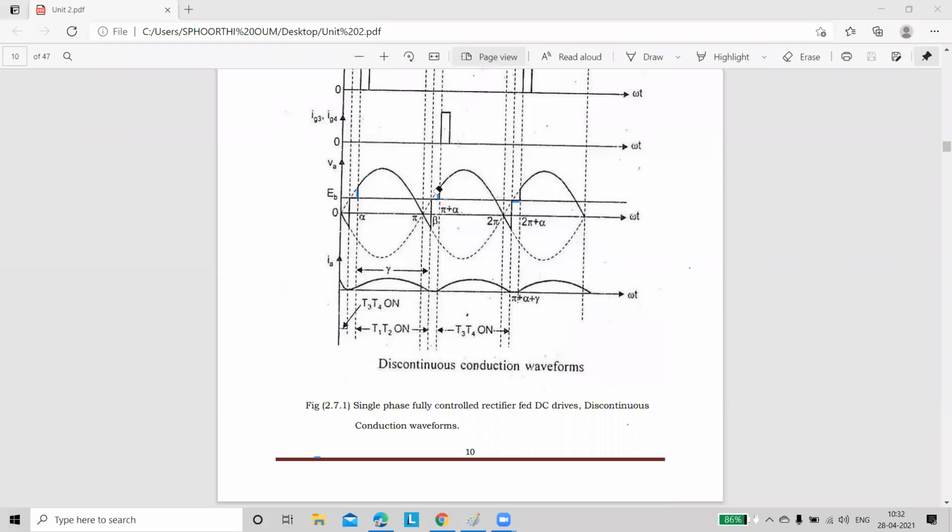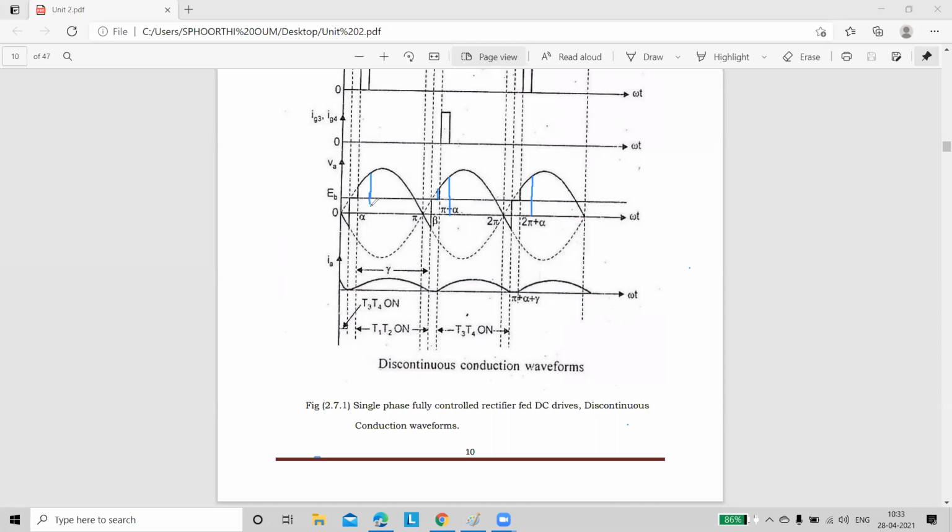You are saying discontinuous is going to increase a lot. I am taking the firing angle as more than 60, just like this, nearly and more than 60, and next, this is also more than 60.